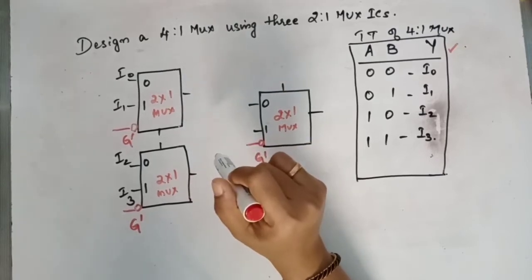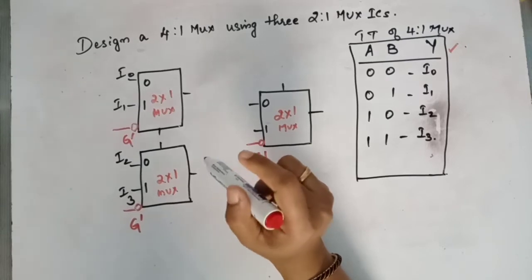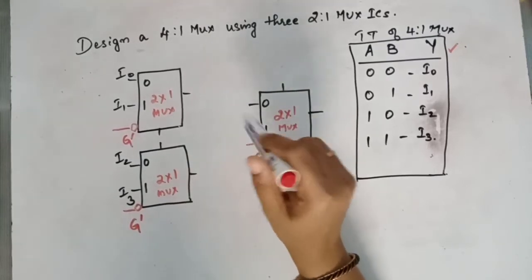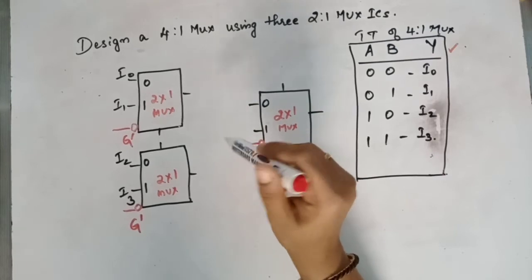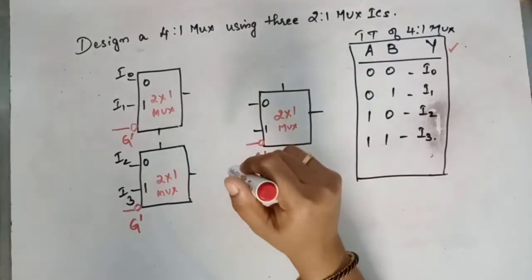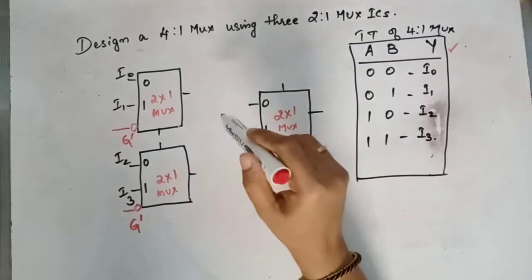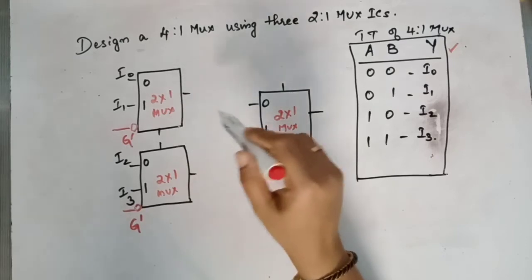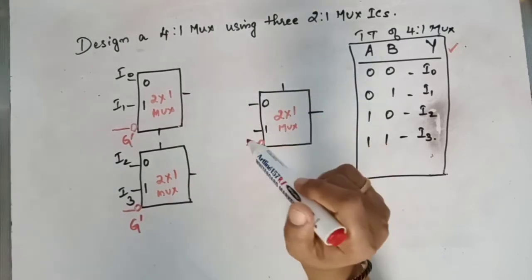So only one of the inputs should be active for the OR gate. Otherwise, the other input would change the output of the OR gate. So only the output of the mux which we want would go to the OR gate.